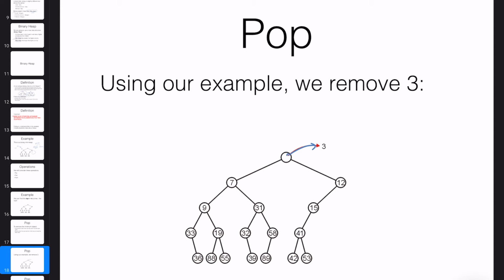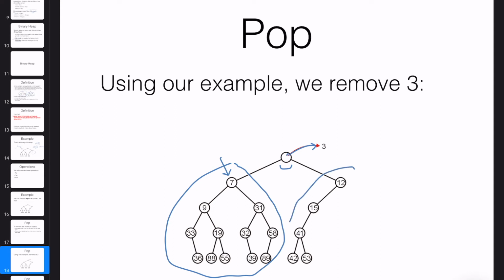So the item that should be placed in the root is the next item with the highest priority, the next minimum item. Where can we find it? You know that the whole tree is a min heap, so over this subtree, the minimum item is going to be stored at the root of this subtree.